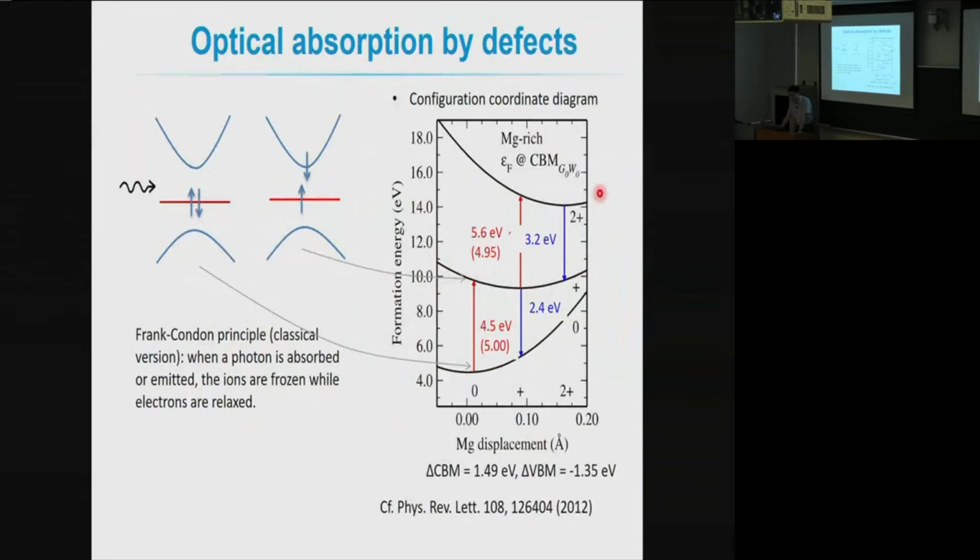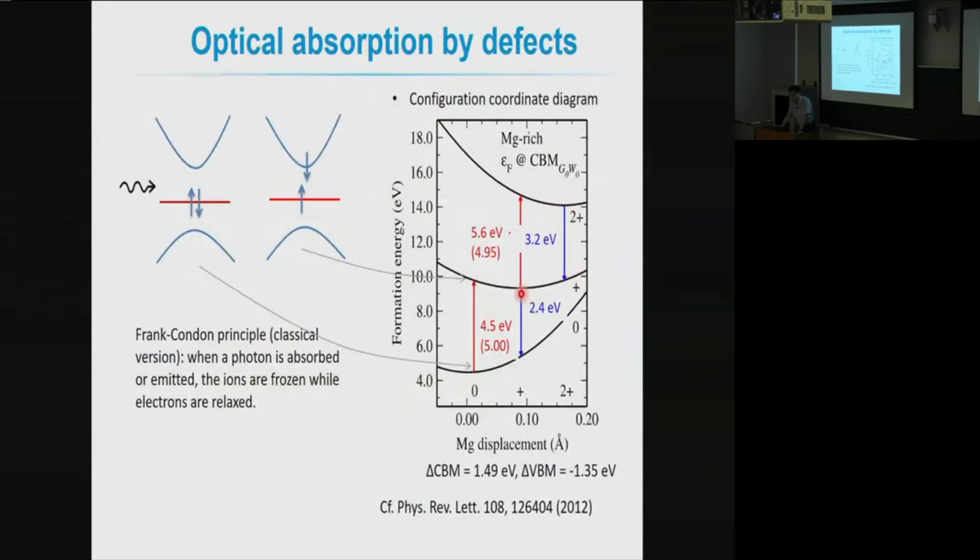On the other hand, when it emits photons, for instance from the 2+ state, when the electrons at the conduction band are captured by the defect and emit photons, then the configuration is fixed to 2+.